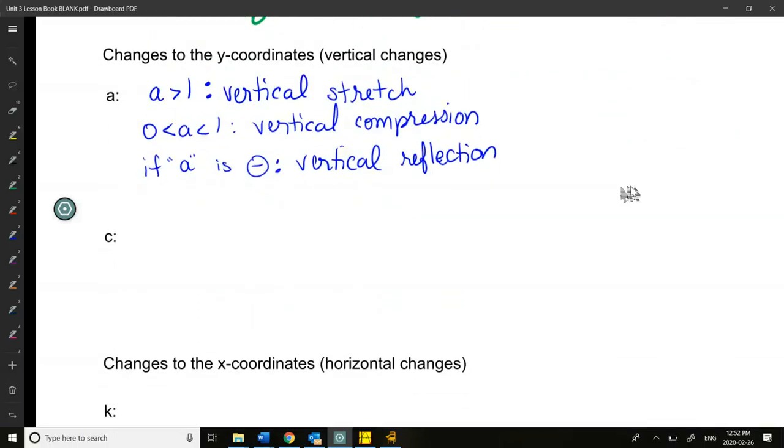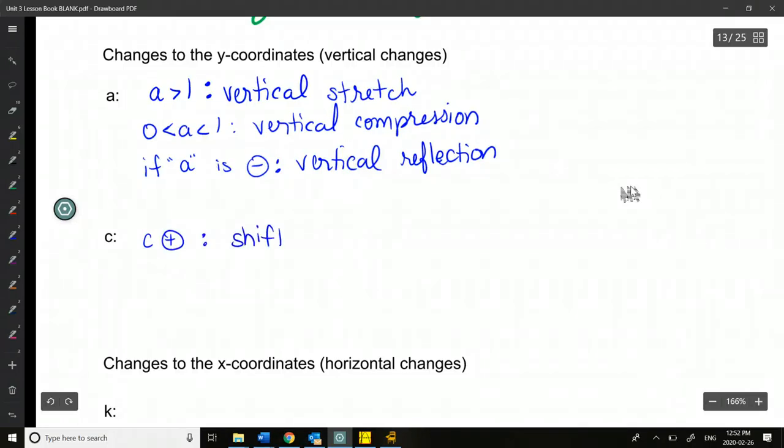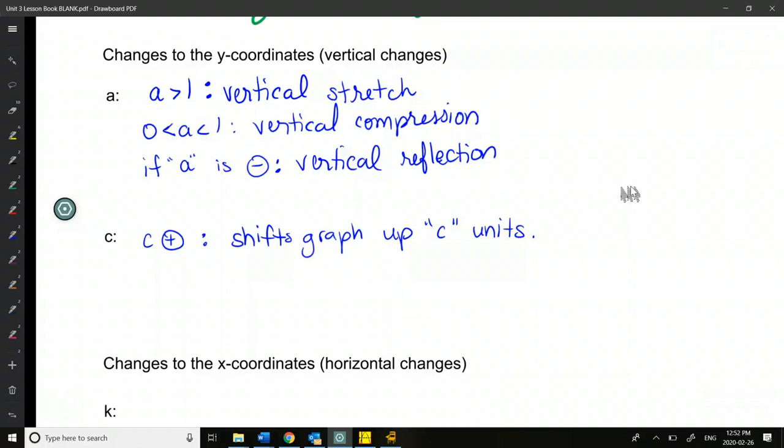For C, this one's really straightforward. If C is positive, this will shift our graph up C units. So if C is positive 2, it will shift our graph up 2 units.